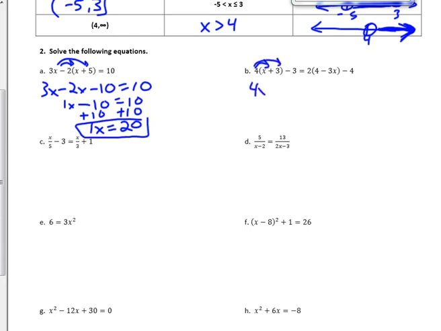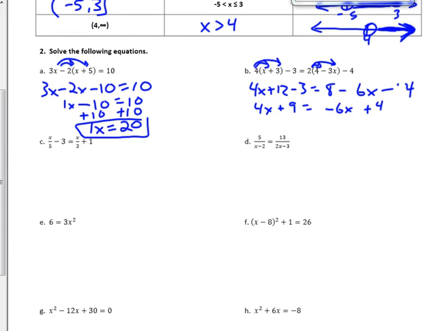The next one, distributive property. I get 4x plus 12 minus 3 equals distributive property 8 minus 6x minus 4. So on the left-hand side, I've got a 12 minus 3, so I've got 4x plus 9 equals, on the right-hand side, I've got 8 minus 4, so I've got -6x plus 4.